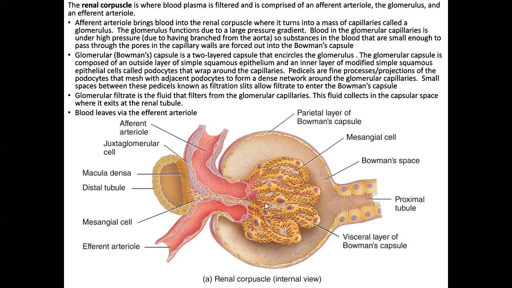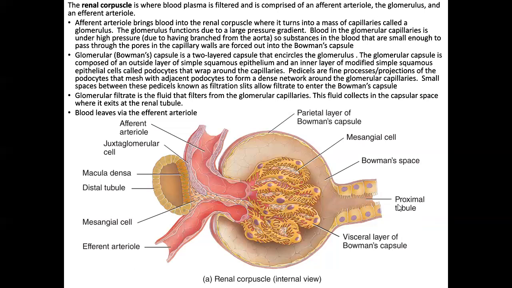Well, that leaves the very small stuff that can force itself out and into this capsular space. That includes water, urea, and some very small things. And that fluid that's formed and collects in this space is called filtrate, once again the precursor to urine. Then it's going to leave through the beginning of the renal tubule.